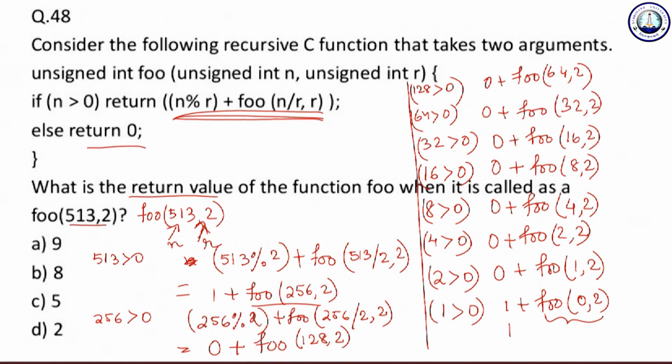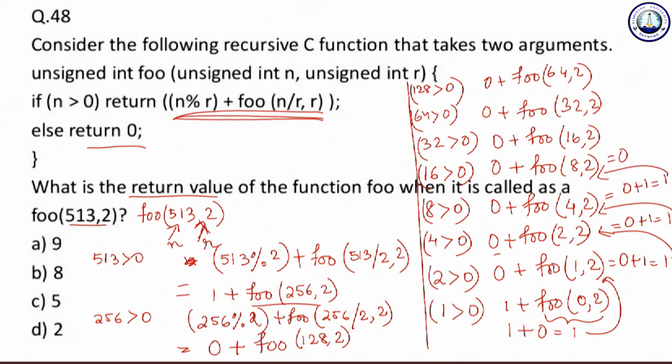So, here it will be 1 plus 0, which is 1. Okay. Then coming back up, it will be 0 plus 1, which is 1, and again at each step 0 plus 1 is equal to 1, repeating the same for each of the earlier calls.